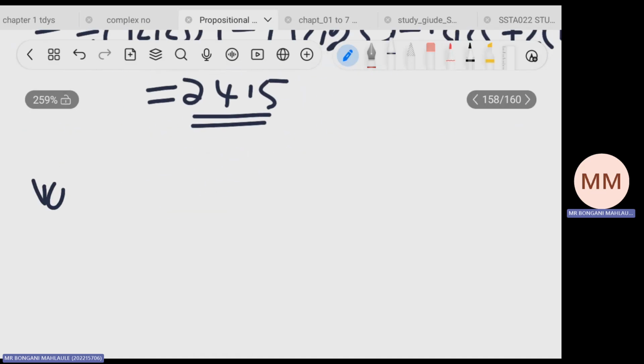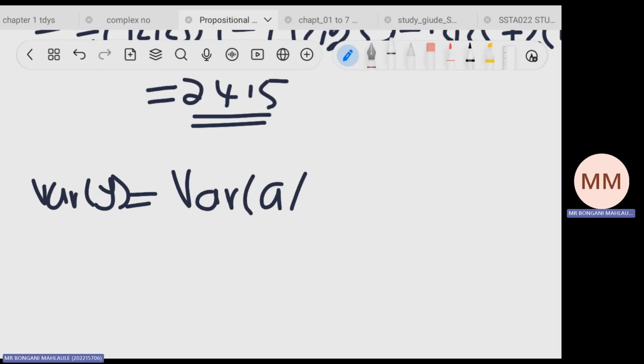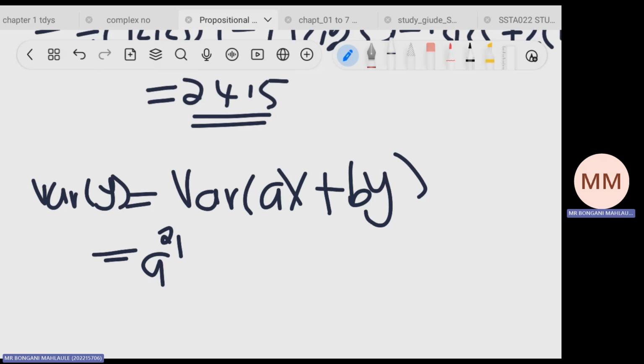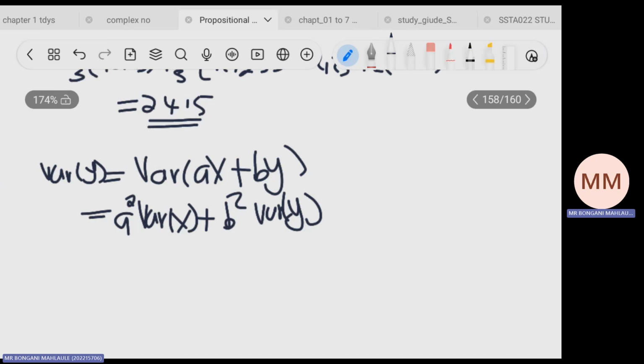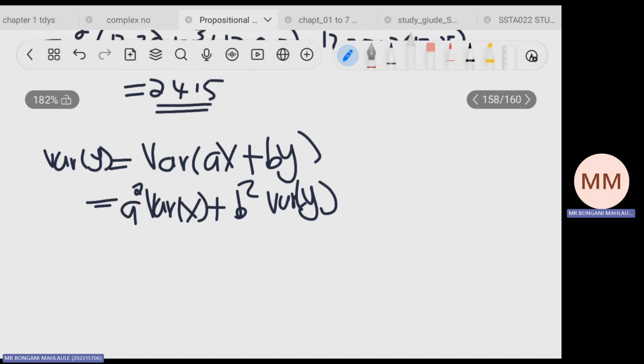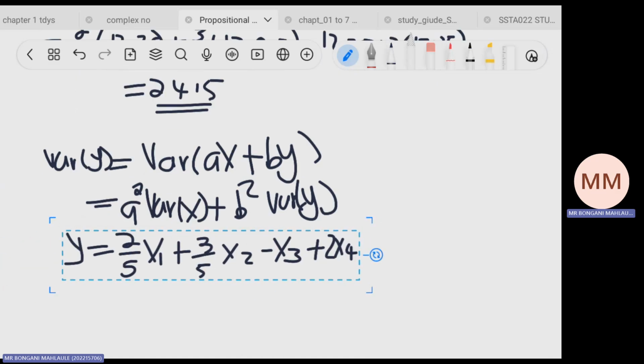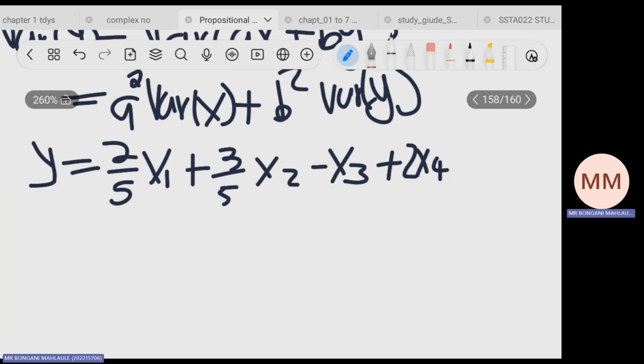Then to get the variance of y, we know that if you have the variance of ax plus by, this is the same as a squared variance of x plus b squared variance of y. So I'm gonna use this property on this guy. So it means you'll have what?